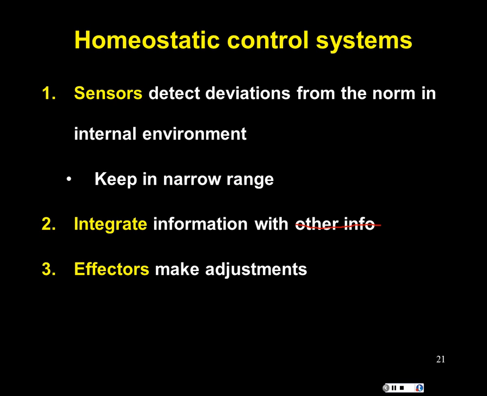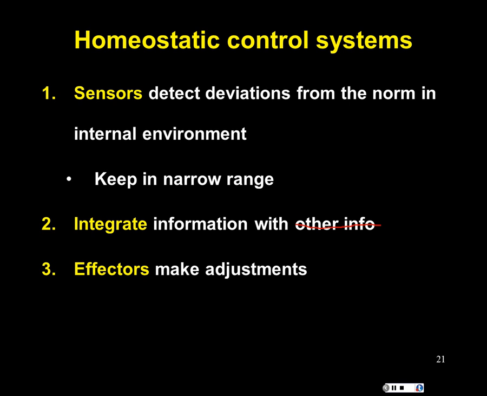So what is the role of the receptors or the sensors? Monitoring and reporting to the control center. That's all they do. Okay, here's the data. There you go, control center. The cells or the molecules that act as the control center then take this value and see if it's good or not.